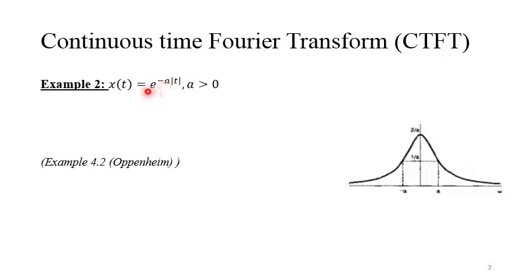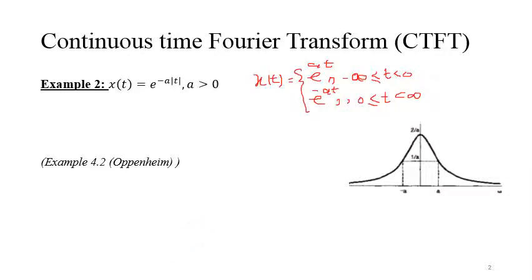That means if you move away from the 0, we have this expression for minus infinity up to 0, and we have this second expression for 0 up to infinity. So in both cases, if you plot the signal, it is something like this.